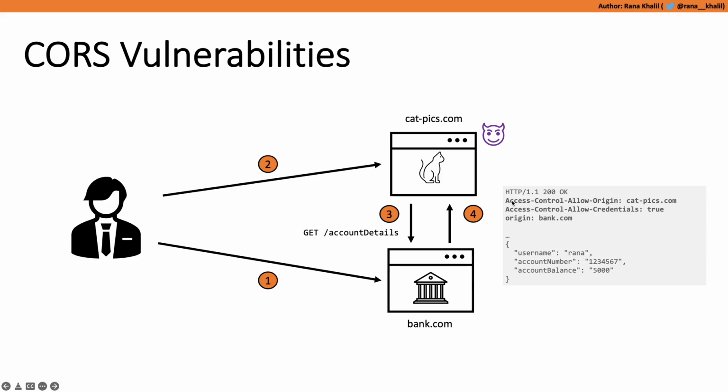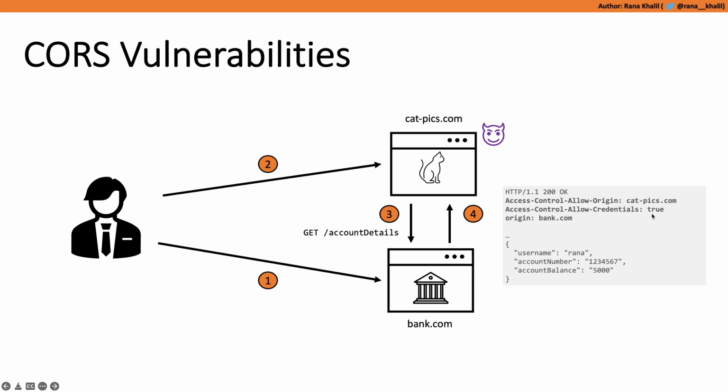And you can see over here the misconfiguration was that it had configured the access control allow origin to allow catpics.com. And you might be wondering, did the banking website even know that catpics.com existed? Why would it allow it to access its resources?